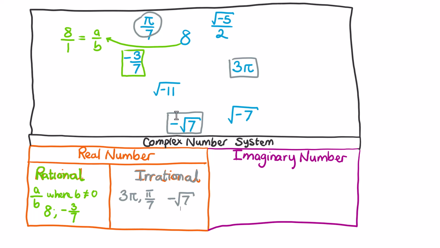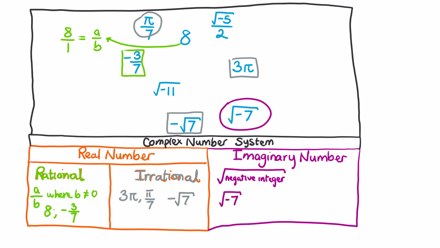And now the final part here is moving into imaginary numbers, and imaginary numbers have a format where you have the square root of a negative integer. This can be reflected based on what we have right over here, which is the square root of -7.